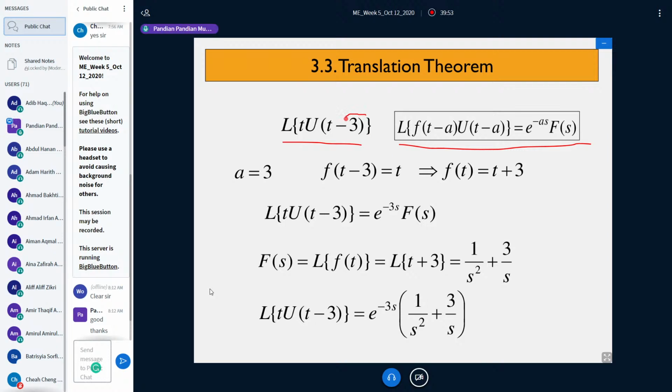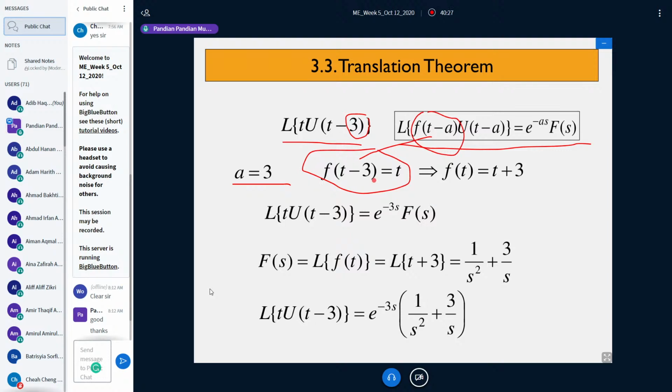Since your a is 3, this f(t minus 3), you force this equals to t, because you are matching. This t is f(t minus a), but a is 3. Same as what I told you just now, you have to modify this. This is very important, class. This is the real catch. Otherwise, your answer will be different.